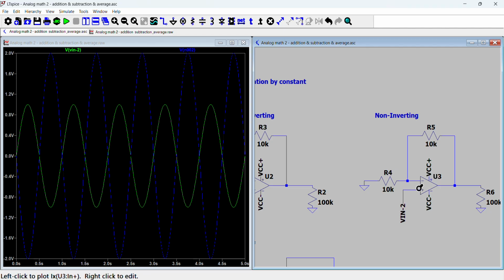This gives the circuit basically infinite input impedance, and therefore it can drive very sensitive signals, very low current signals, I should say. And then the inverting input to the op-amp through the resistor is just grounded at this end.